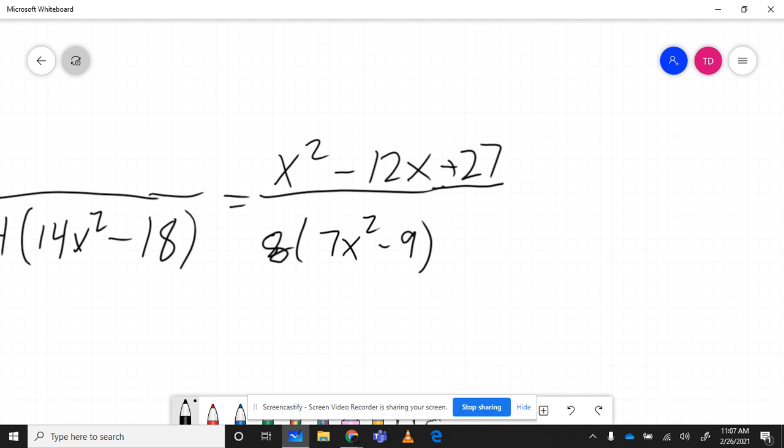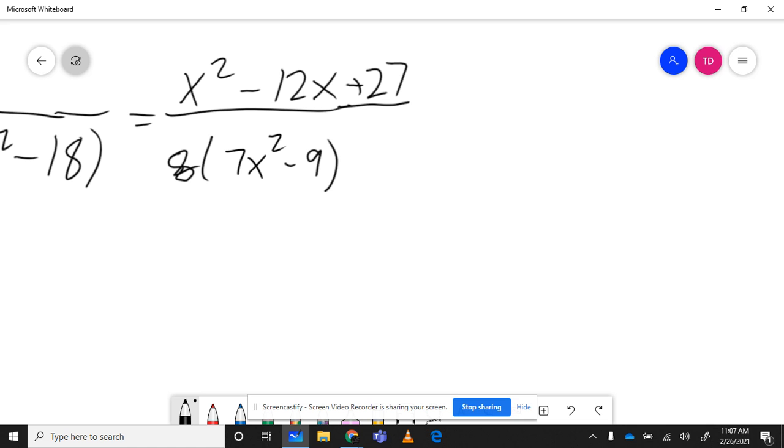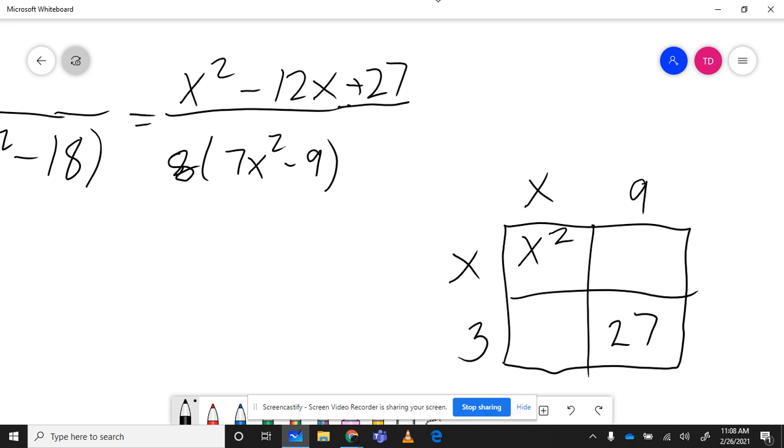But let's hold off for a minute. What does the top factor into? We need 2 numbers to multiply to give me 27, which would be 9 and 3, but we need them to add up to negative 12. So x minus 9, x minus 3.